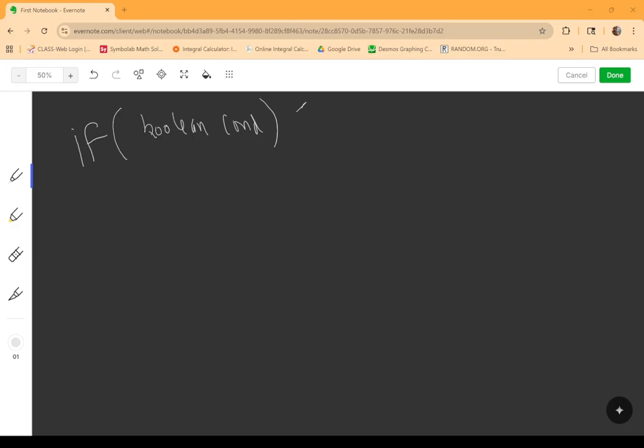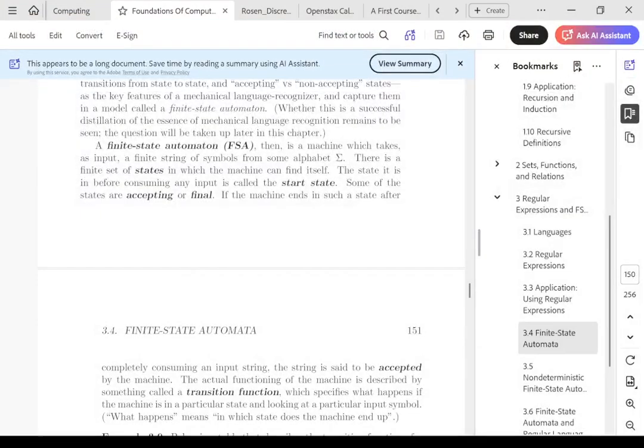All right, so here, an FSA, a finite state automaton, is a machine which takes as input a finite string of symbols from some alphabet, which was defined in the previous video. There is a finite set of states in which the machine can find itself. The state it is in before consuming any input is called the start state.